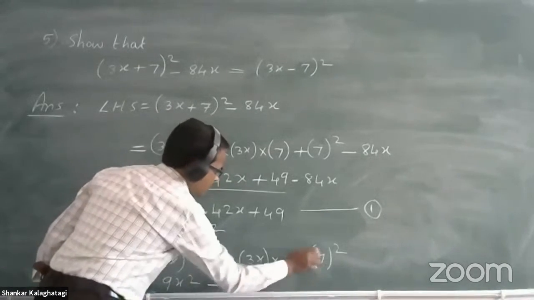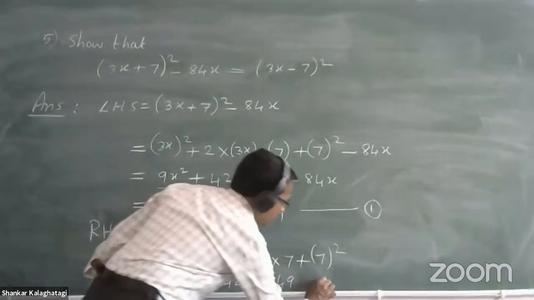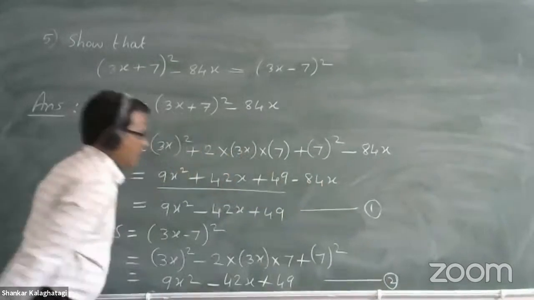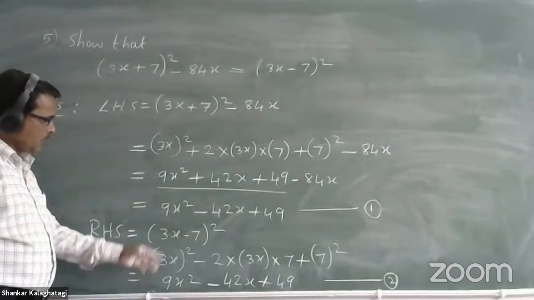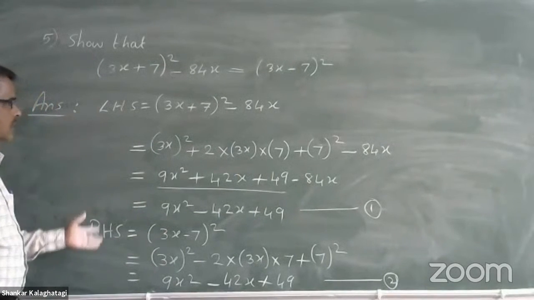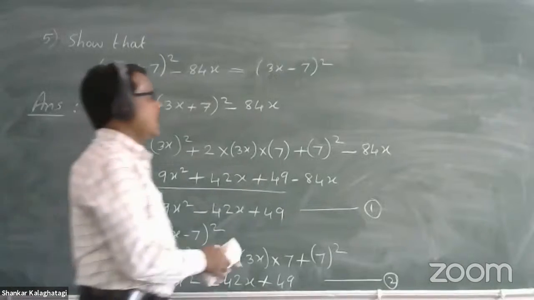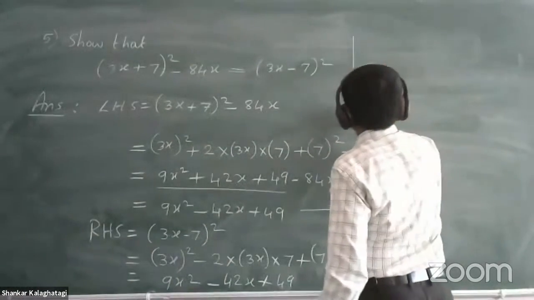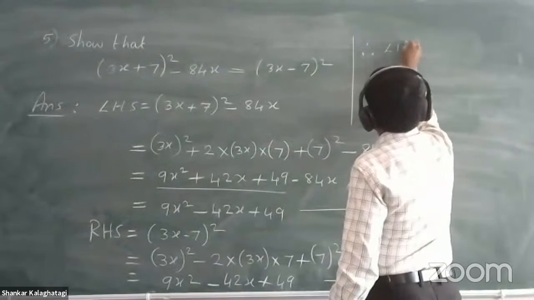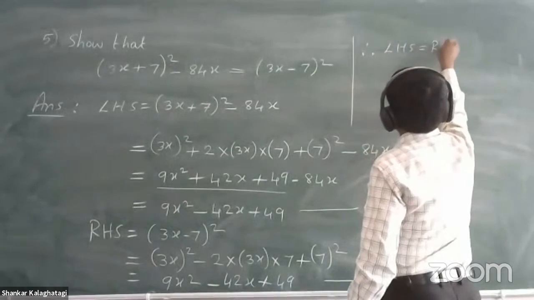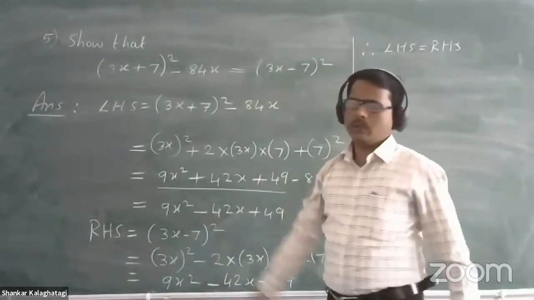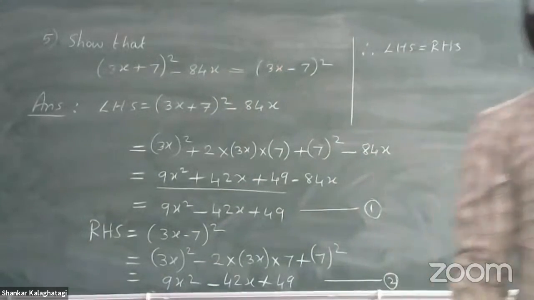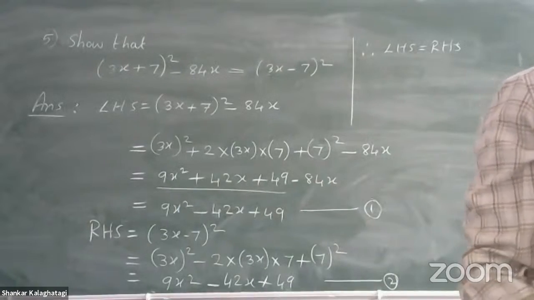Then 7 7s are 49. See now from 1 and 2, observe 1 and 2 both are same. Therefore, LHS equal to RHS. You proved left hand side and right hand side are equal. Over. Next question.